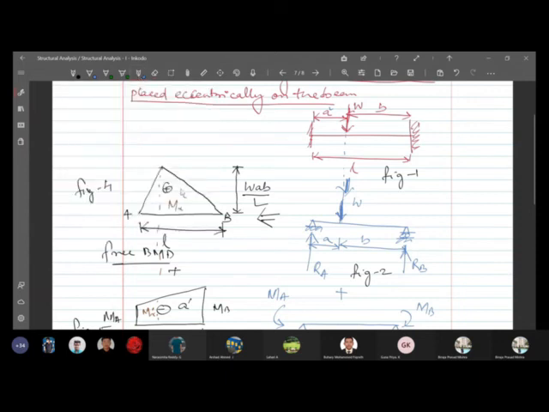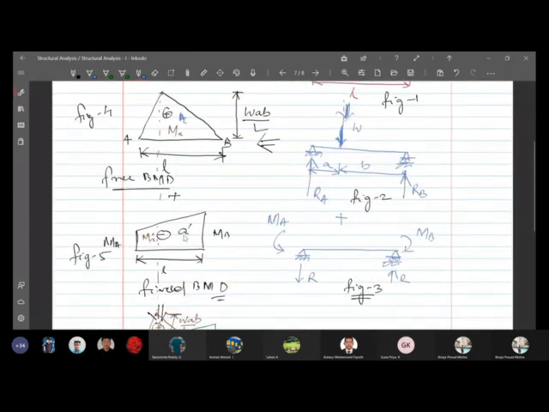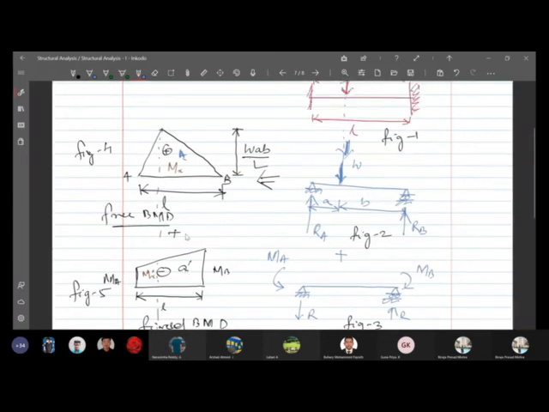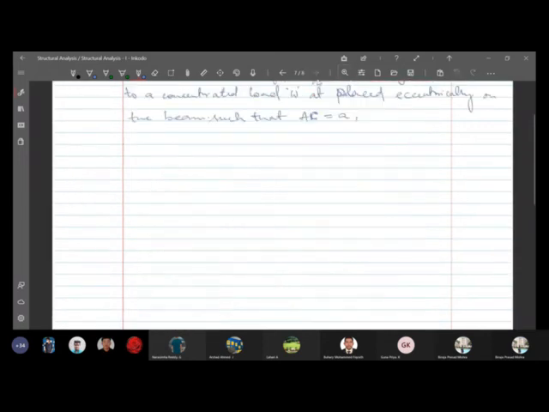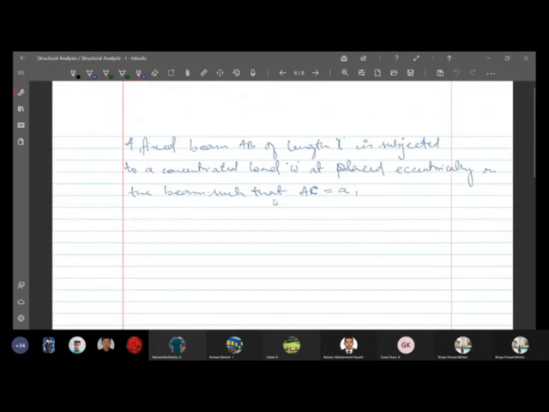I'm writing the area as capital A and the area of the fixed bending moment diagram as A dash. So, beam placed eccentrically on the beam such that AC equals A and CB equals B.